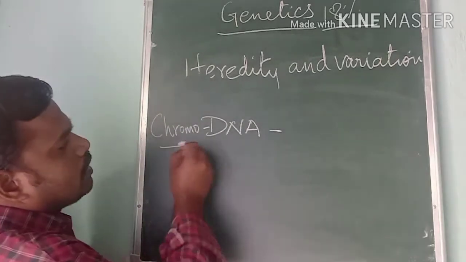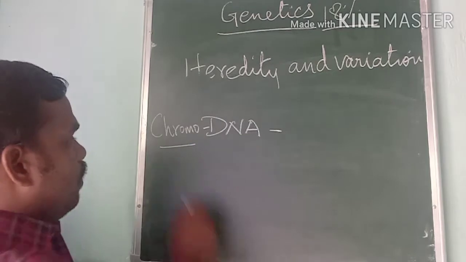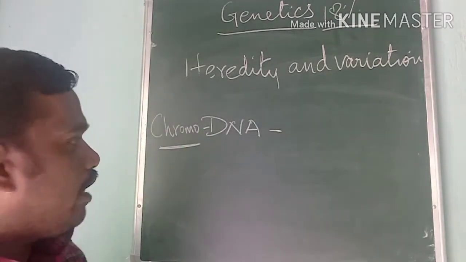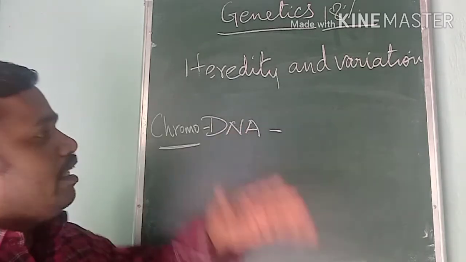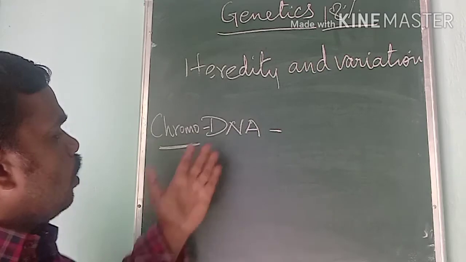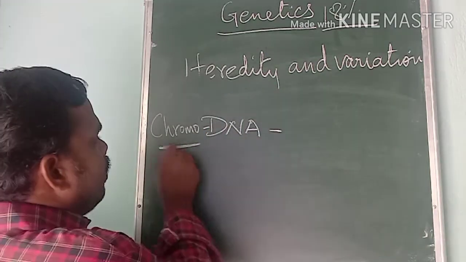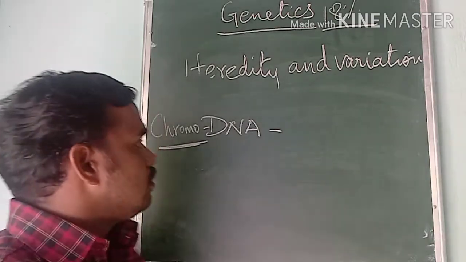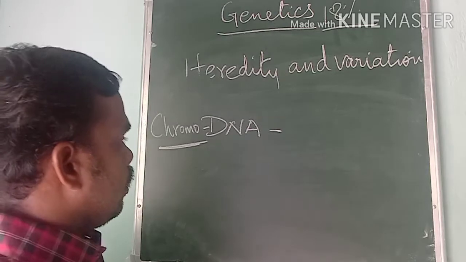The chromosome is considered the vehicle of transmission of characters, because it contains the DNA, the genetic material, and carries it. This chromosome transmits all the genetic material from one generation to another. Thereby, the chromosome is called the vehicle of transmission of DNA, the genetic material.